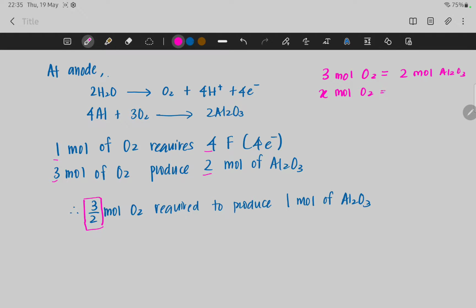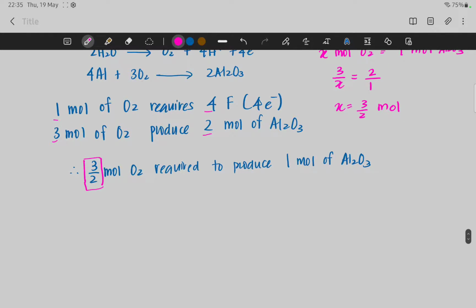Now I'm calculating my number of moles of O2, and I want to know how much Al2O3 can be produced by how much oxygen. So I do it this way: you cross multiply until you get X to be 3 over 2. So this is how I do it. If you think it's kind of complex and you have other steps, you may proceed as far as you get the correct answer.